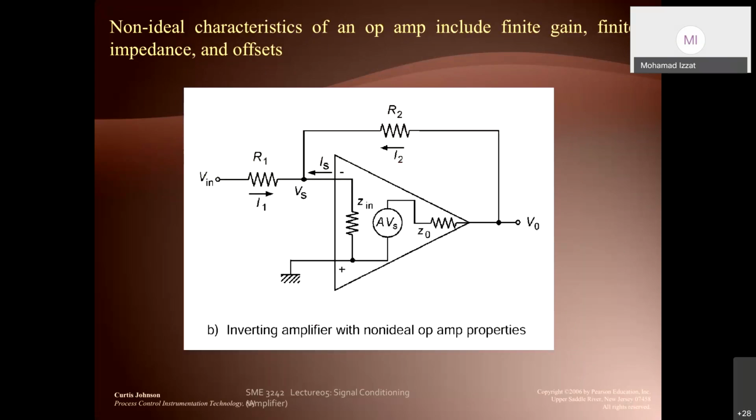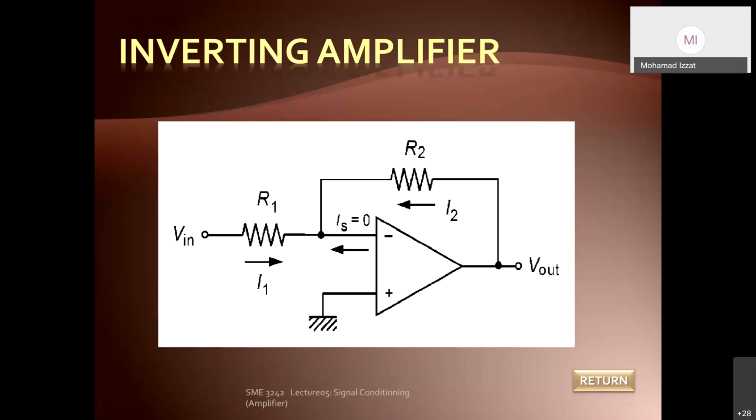When impedance is very, very high, almost no current flows through. That's why you can easily put IS equal to 0 there. Then you have feedback resistor R2 with current I2 flowing backwards toward the junction point.